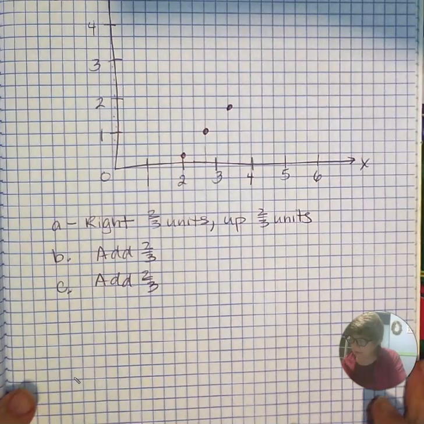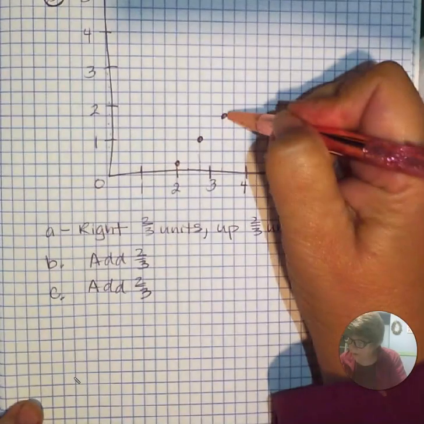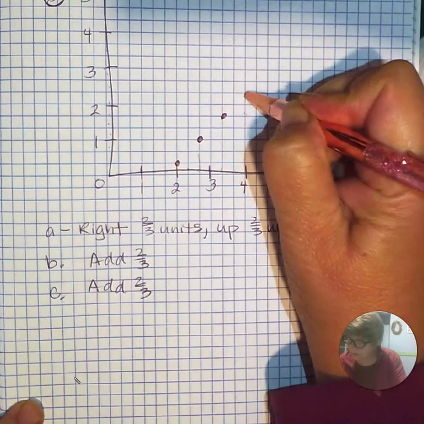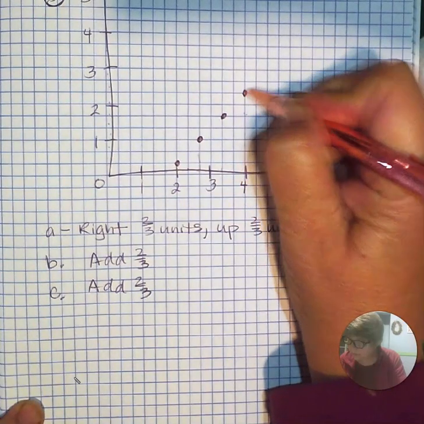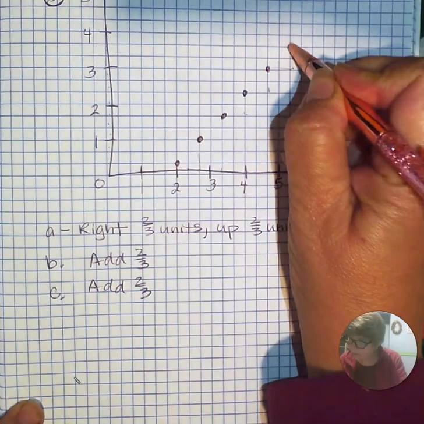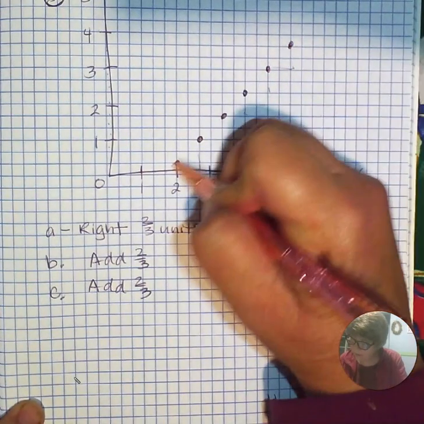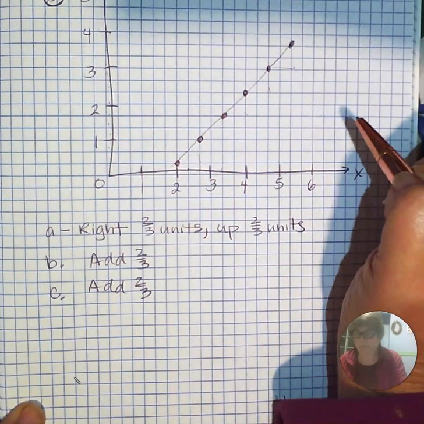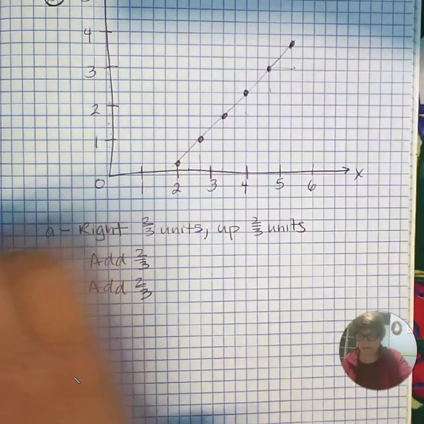Okay, so adding 2/3. So we're going to go from here, we're going to add 2/3 to the right and 2/3 up. 2/3 to the right, 2/3 up, 2/3 to the right, 2/3 up. And it's also going to make a straight line, so you could double check.